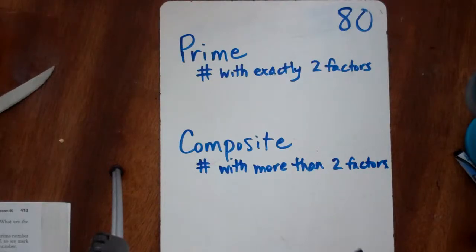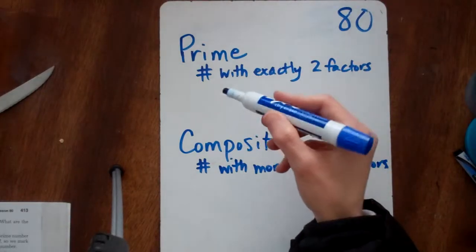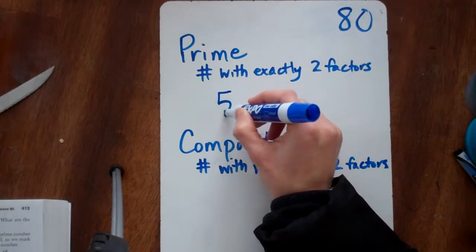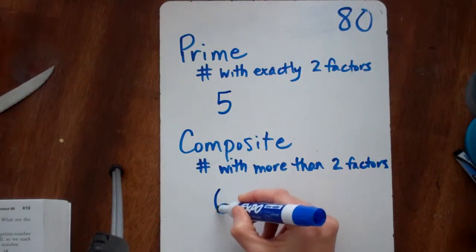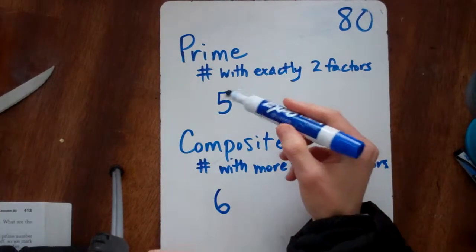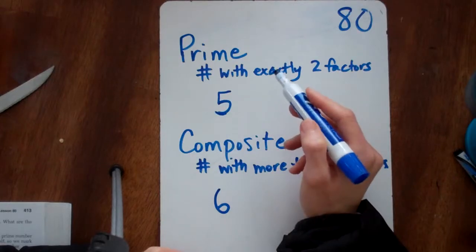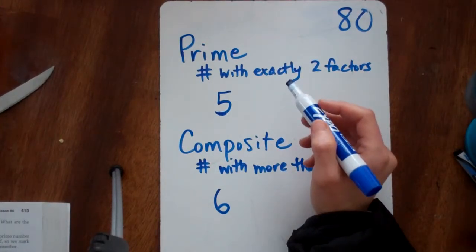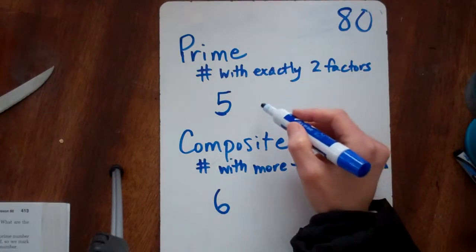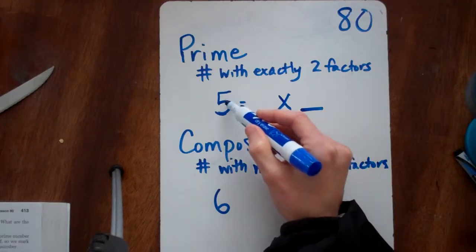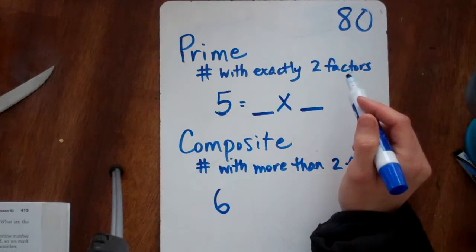Okay, so I'm going to show you this by looking at the number 5 and 6, okay? 5 I'm going to put here, and 6 I'm going to put here. Now, when you're looking at a number to tell if it's prime or composite, the first thing you're going to ask yourself is, what numbers go into this? So, for example, what times what equals 5? Okay?